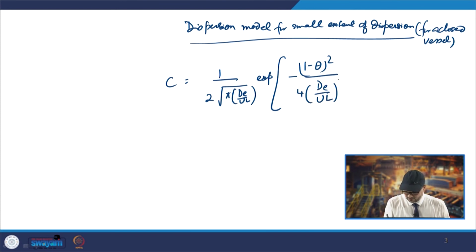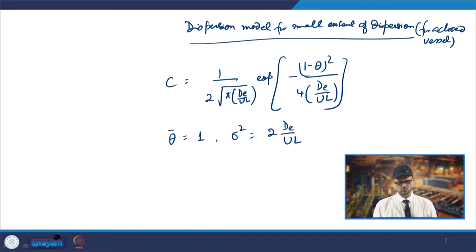So, that is how your concentration family curve looks like, and for that, if you find the mean and variance, the mean becomes 1 and variance becomes 2 times dE by UL.